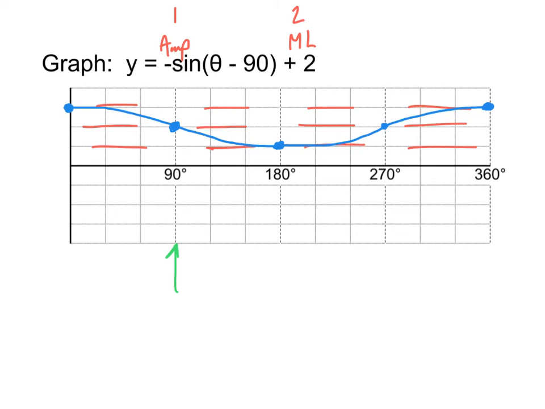Because it's starting at the top over here. And that's one of the things you'll find is oftentimes sine and cosine graphs will look a lot like each other. It's just any shifts that we make left or right will make it look like one or the other, but you can still use either one. In fact, for every single sine equation, you could write a cosine equation that would look just like it, or vice versa.